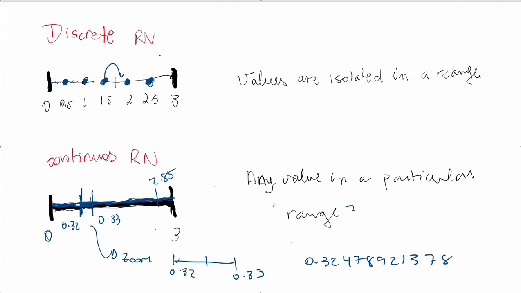I can have any value in any range. If you take two numbers, however small you make the gap, you can still be in between them. So that's the concept of a continuous random variable. Your experiment will return outcomes that can be any number in a range.